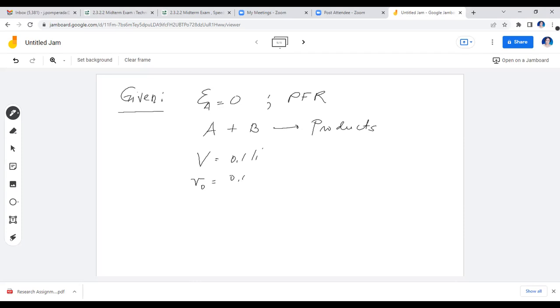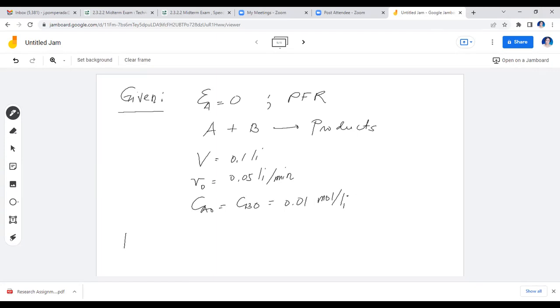It's 0.05 liter per minute. And concentration of the reactants in the feed. So you have equal concentration for A and B, 0.01 mole per liter. Okay?